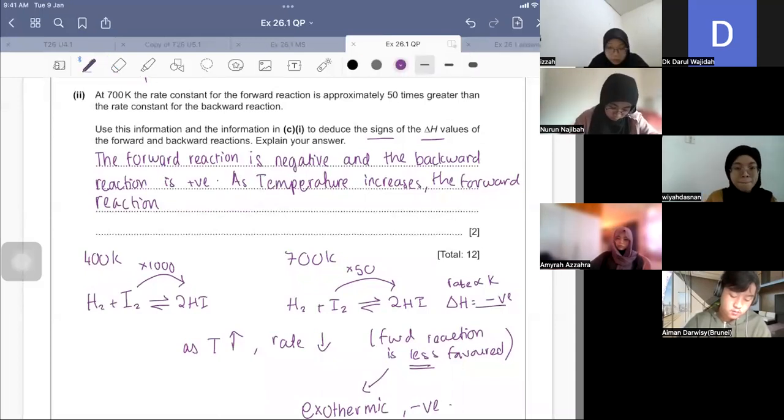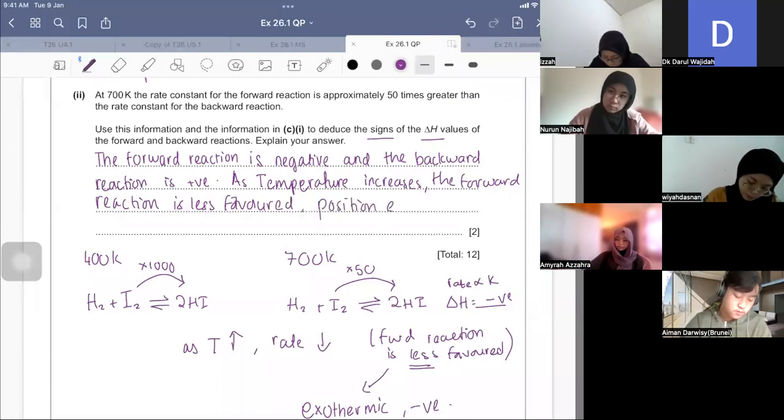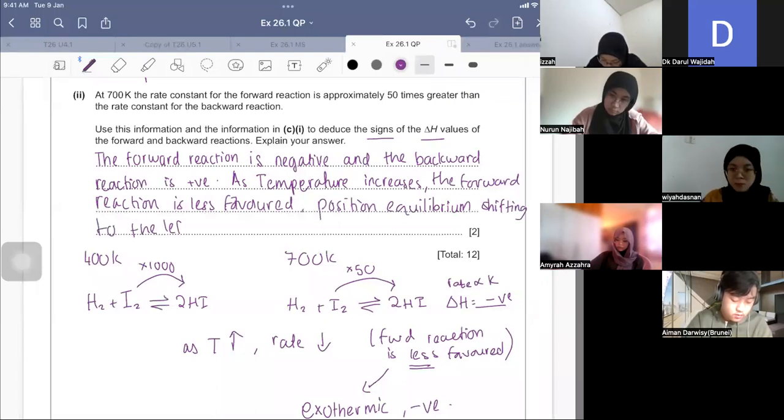The forward reaction is less favored. The position of the equilibrium is shifting to the left, or the reactant side. And this implies that the backward reaction is endothermic.